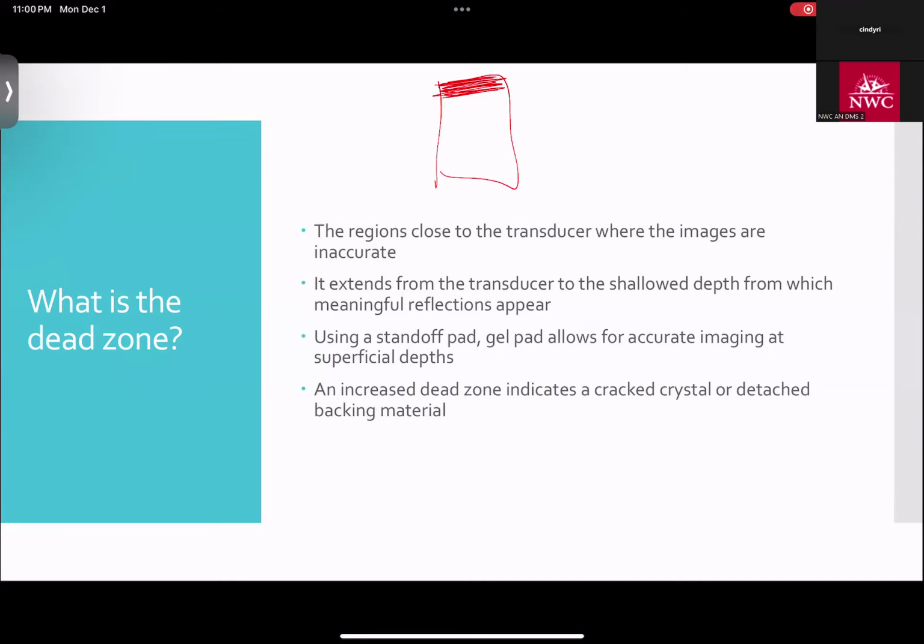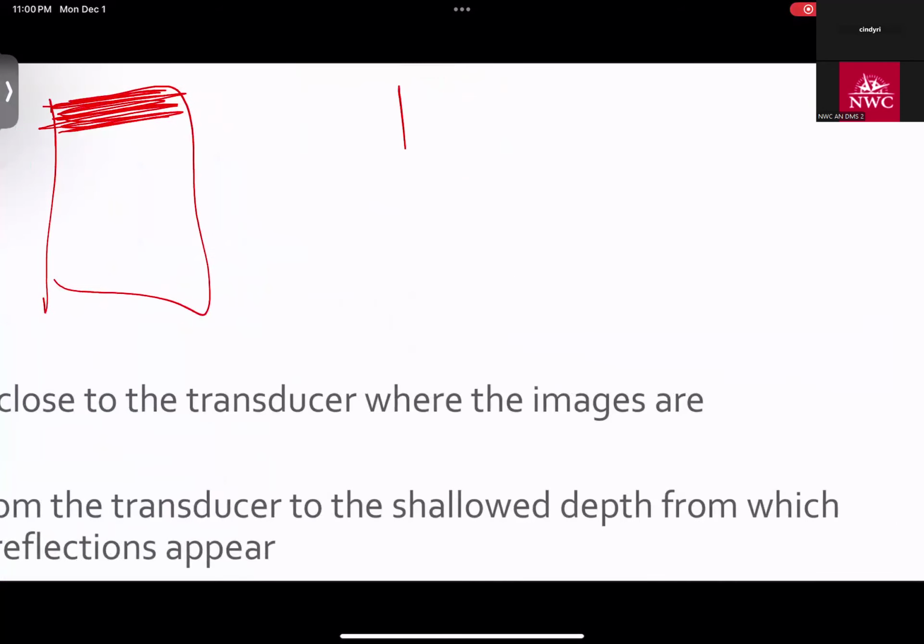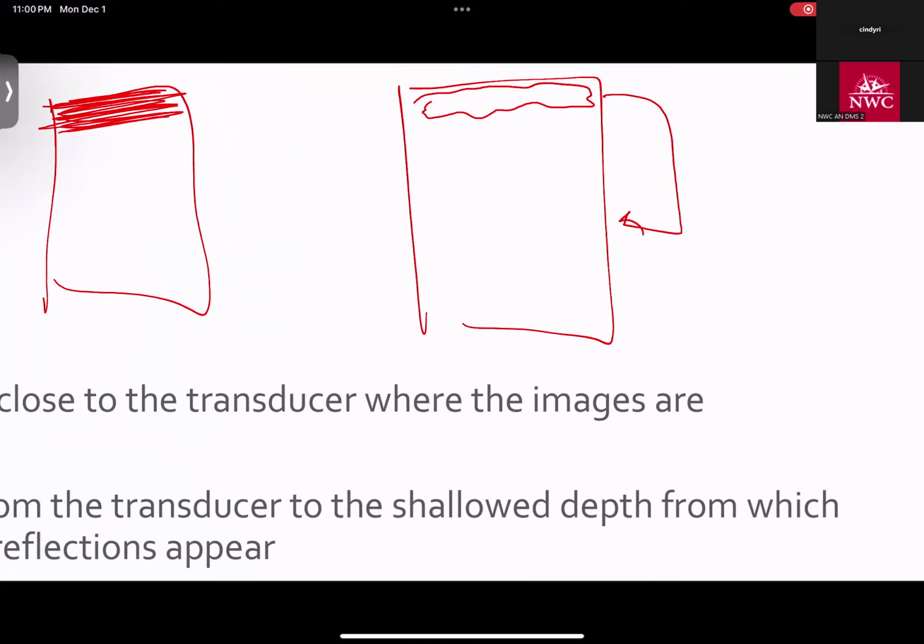Well, if I'm looking at the ultrasound display, sometimes the abscess, because it's so superficial, I would see it somewhere up there. Again, that's the dead zone. The dead zone is just the most superficial part of the image. So if this abscess were located a little bit lower, or even deeper, it would be outside of the dead zone, which would make it more accurate to image.